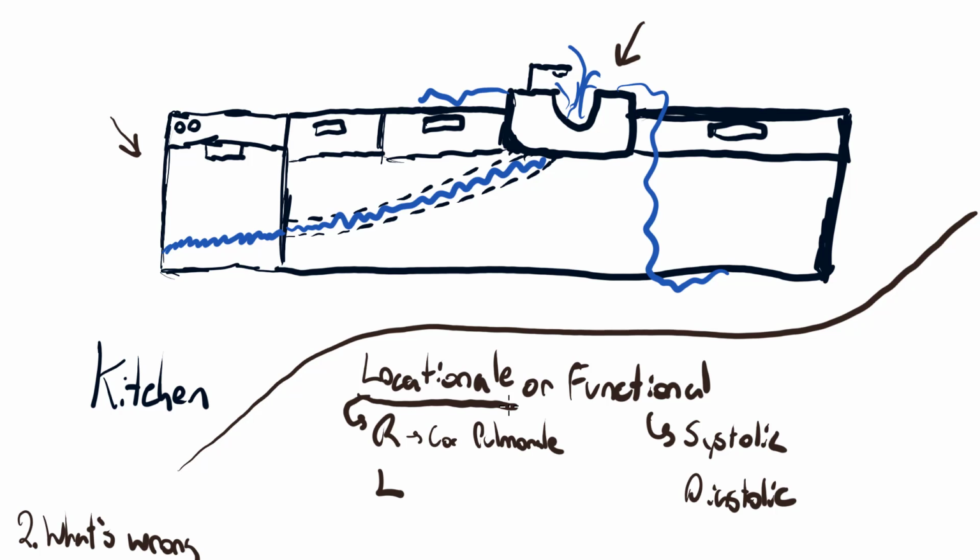When we talk about systolic heart failure, it's the inability of the heart to pump blood effectively. The heart loses its ability to create enough pressure to pump blood from the left ventricle out to the rest of the body. So what's going to happen is over time, these ventricles are going to get enlarged, and we'll talk about cardiomyopathy and things like that later.